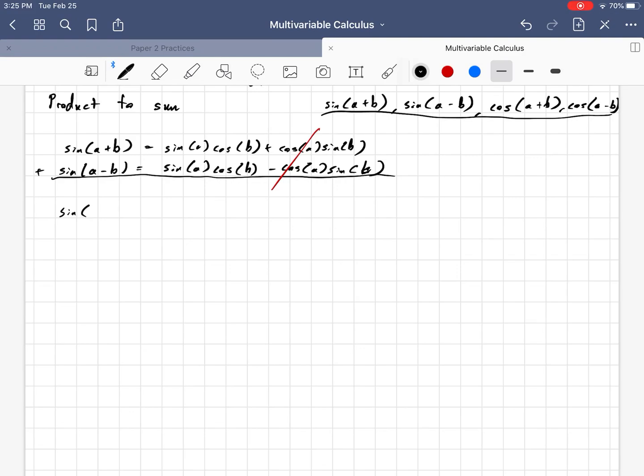So this tells us that sine a plus b plus sine a minus b is 2 sine a cosine b, and of course we can just divide by a 2. And this is the product to sum identity for sine a cosine b. Cool.